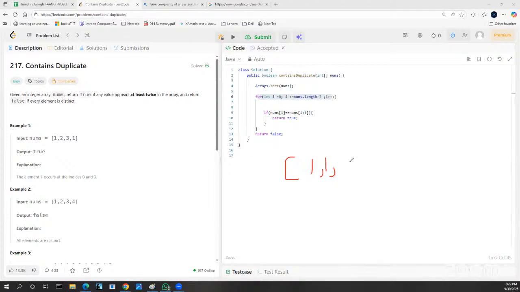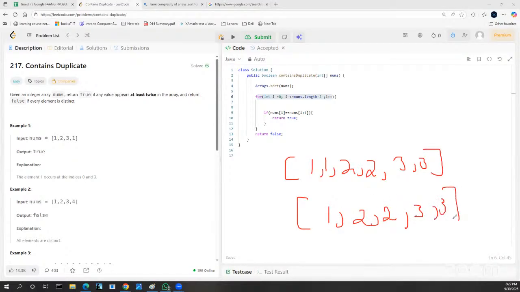If there's a 1, it will come together. If it's 2, it will come together. But can we assume that we'll always get a duplicate in the first and second index? No, not necessarily. Maybe I have this case where I have 2 as a duplicate. So in that case, I still have to use a loop.